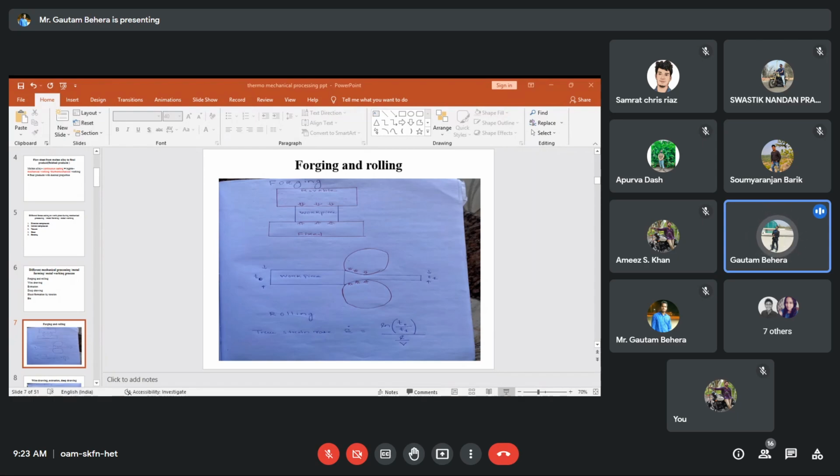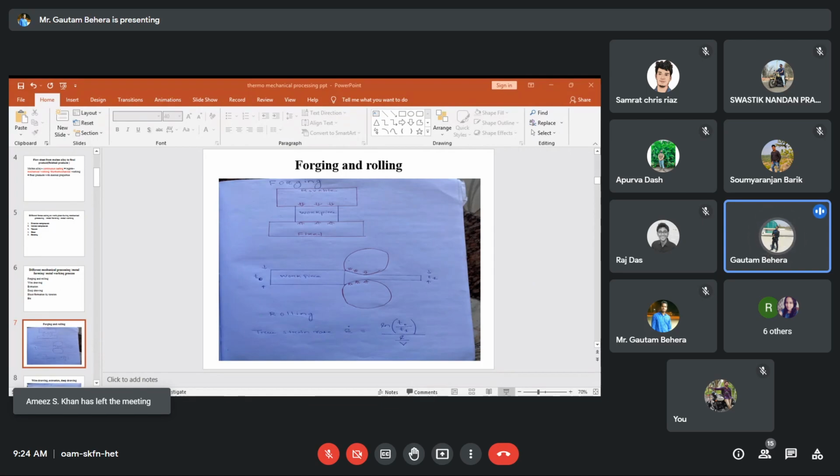And if you want to find out the true strain, the true strain is epsilon naught, that is the logarithm of T naught by T1. And the true strain rate is strain divided by time, with time being L by V. This L by V is nothing but the time.